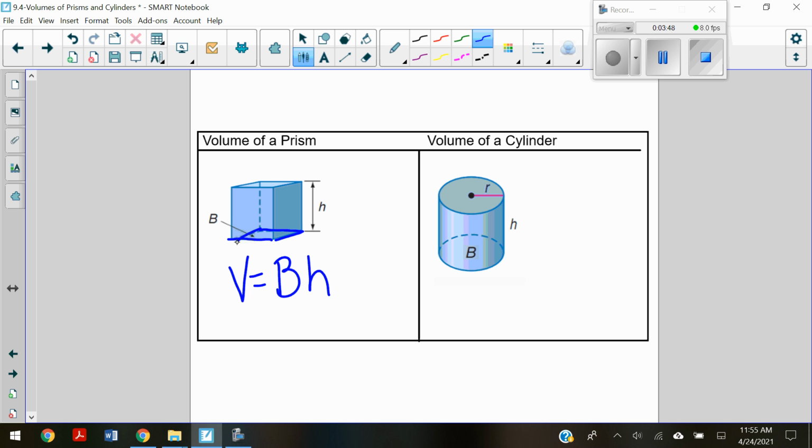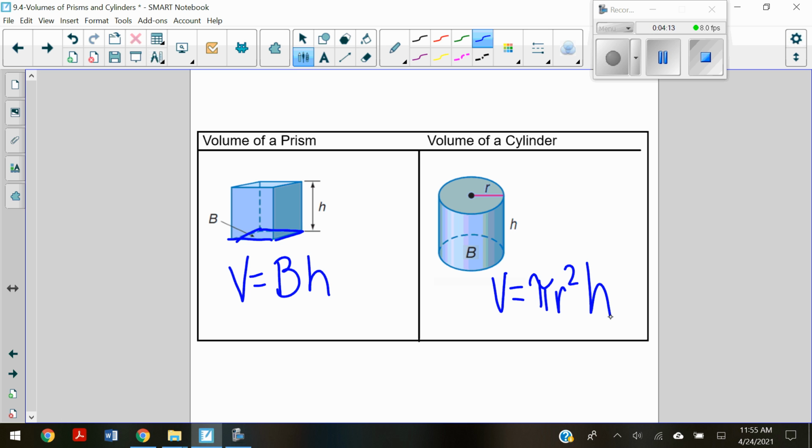Now in a cylinder, it's the same thing, the base area times the height, but because our base is always a circle, instead of putting base area, we can replace that with the area formula for a circle. And the area formula for a circle, remember, is pi r squared. And then we're going to times it by the height. Right, so take a moment, make sure you get both of those down.